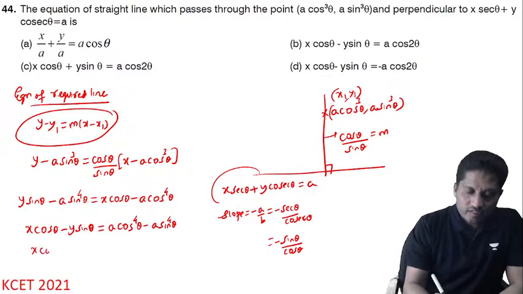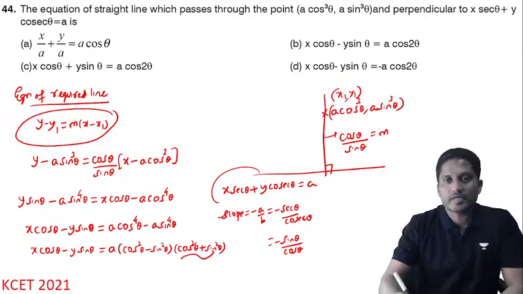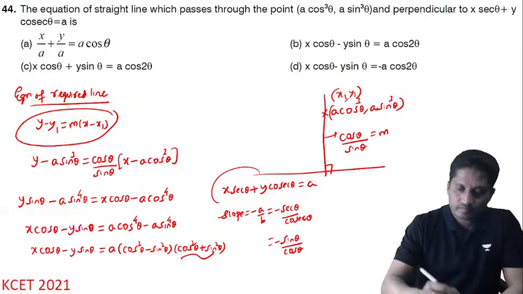Now x cos theta minus y sin theta is equal to A common. You will get cos power 4 minus sin power 4. This can be written as cos square minus sin square into cos square plus sin square. Cos square plus sin square is 1. Cos square minus sin square is cos 2 theta.